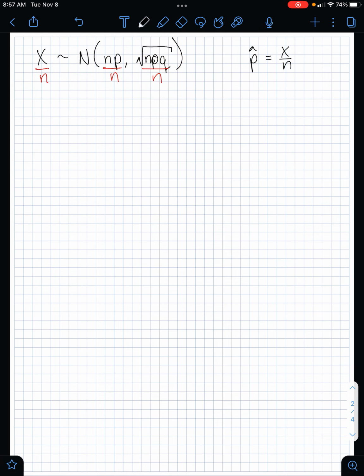A little bit of algebra will turn this into p hat, x over n, has a normal distribution whose mean is the population proportion. And with a little bit of algebra here, we get pq over n underneath the square root.